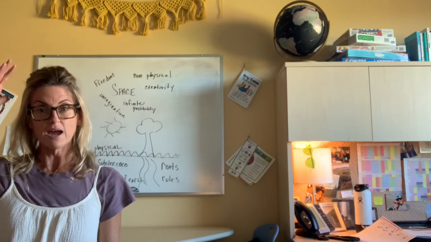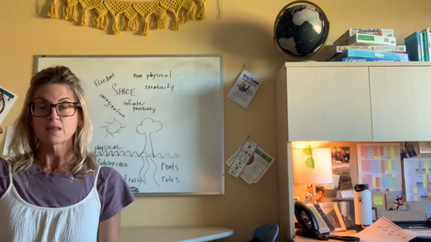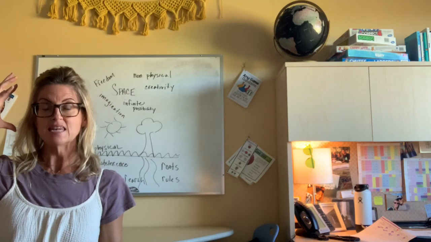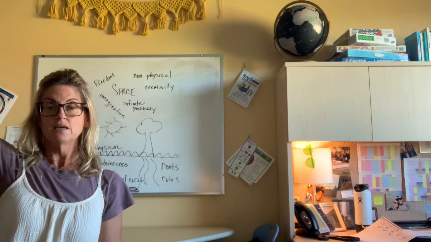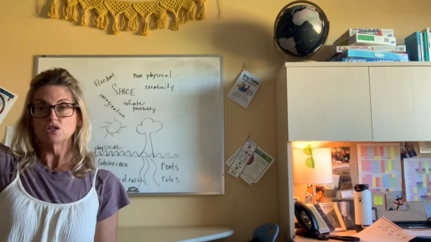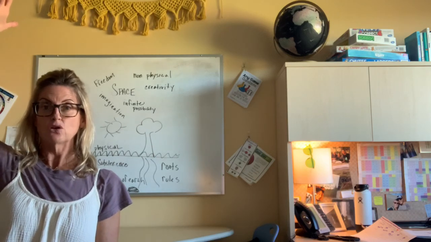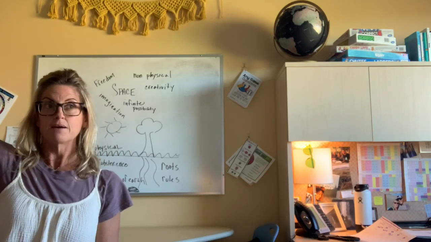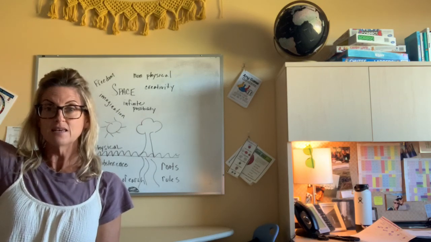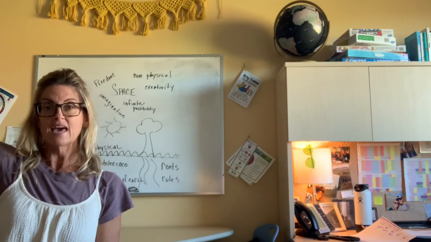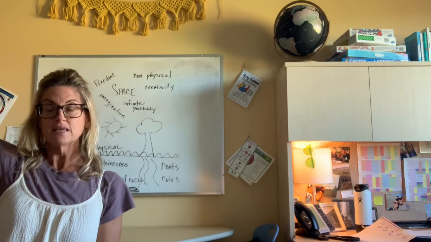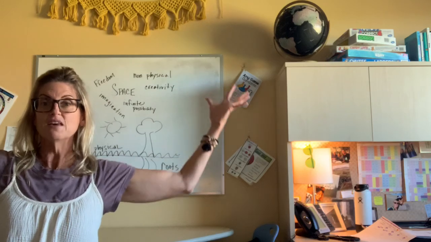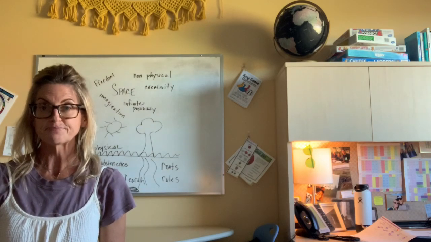So my right side of the brain is rooted in my non-physical connection to things that include my imagination, my creativity. I include play and laughter, this space of infinite possibility.